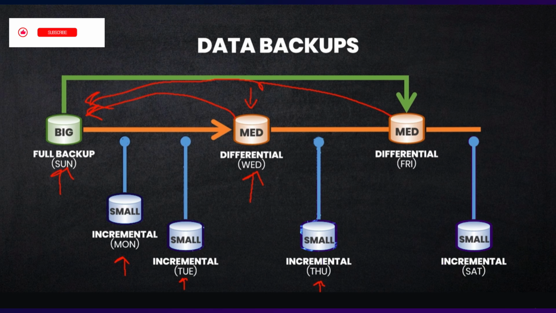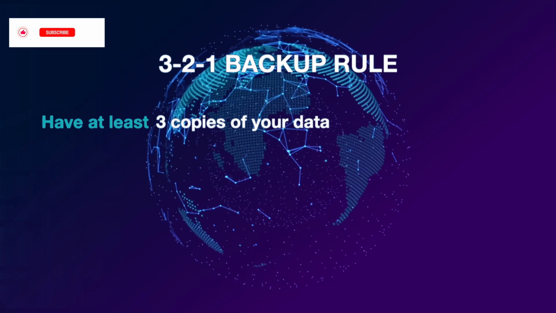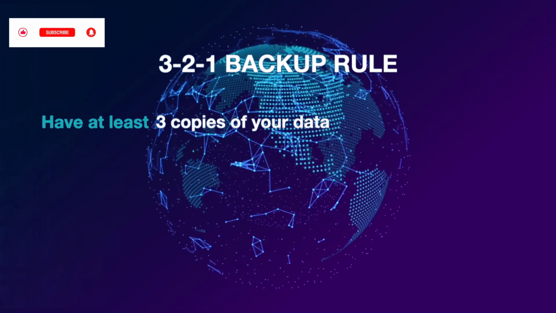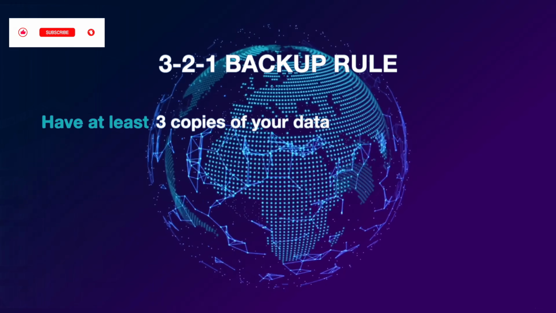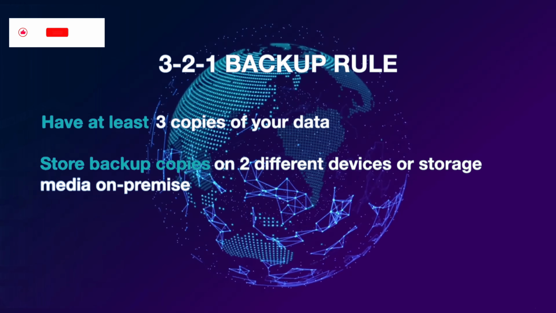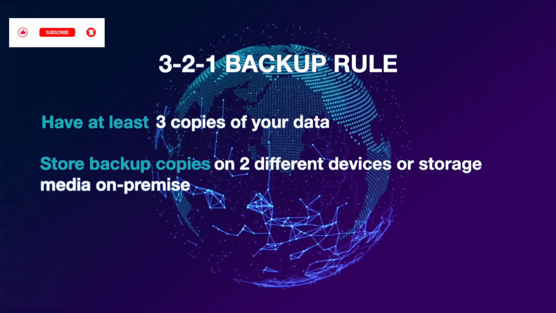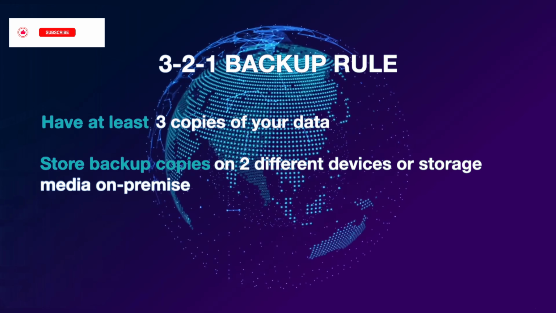Okay, and a good rule of thumb is to follow the 3-2-1 backup rule. Have at least 3 copies of your data backup. Store backup copies on 2 different devices or storage media, and store at least 1 data backup off premises.